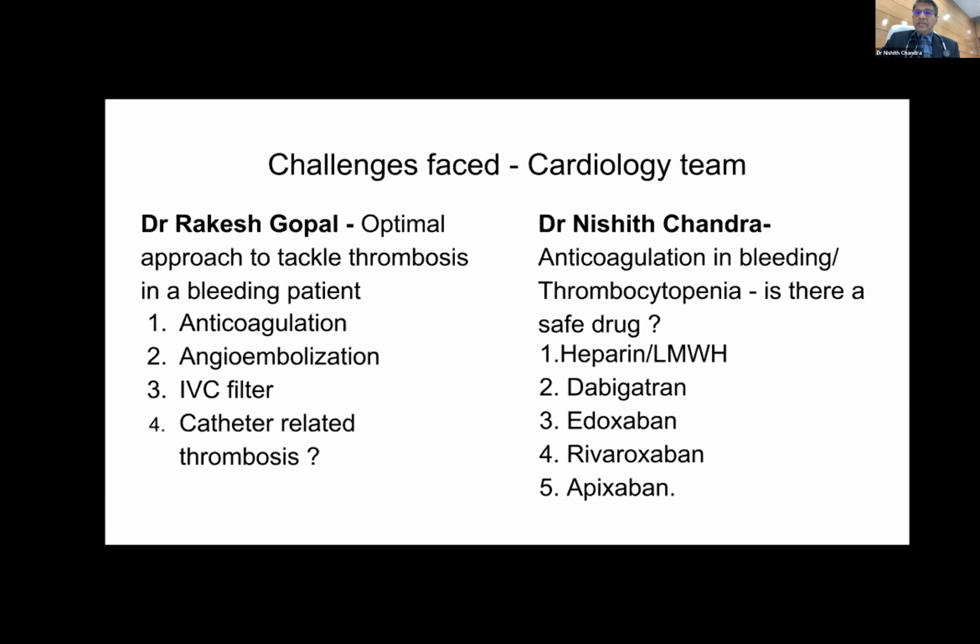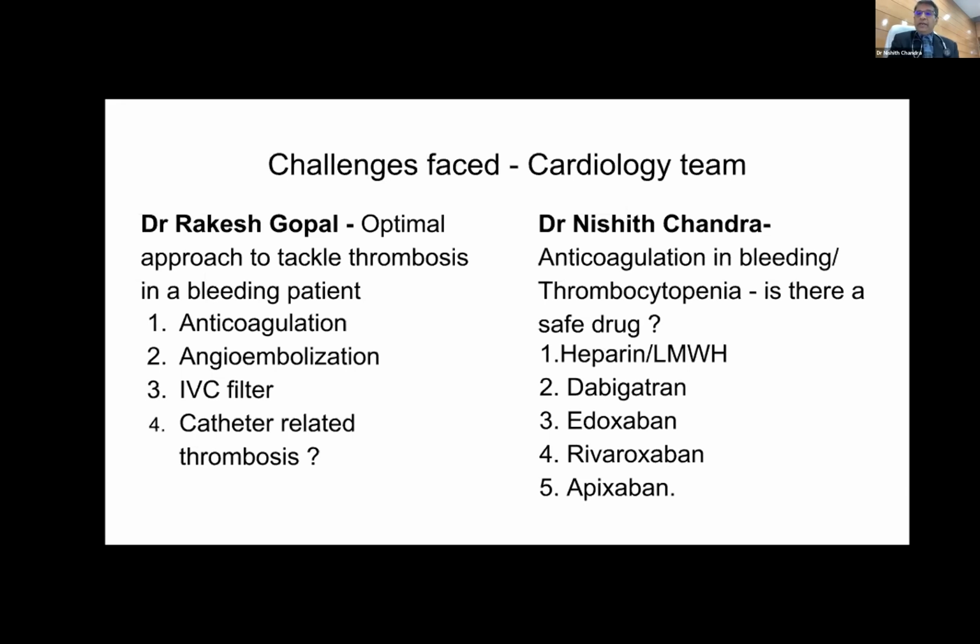The maximum data is with low molecular weight heparin, enoxaparin or dalteparin, 1 milligram per kg subcutaneously. You can give heparin also, but heparin is notorious for causing heparin-induced thrombocytopenia.